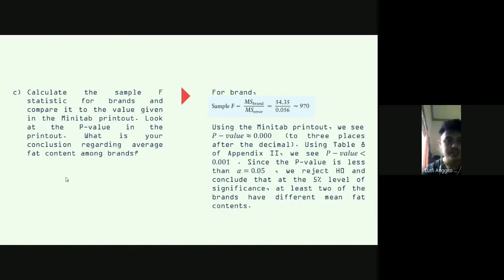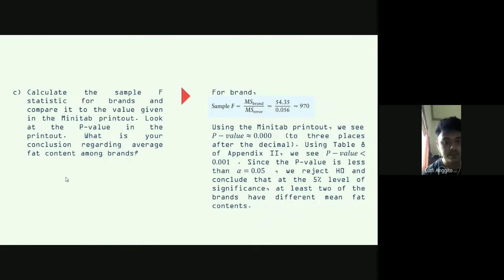For brand, sample F equals MS brand over MS error, approximately 54.35 over 0.056, that is approximately 970. Using the Minitab printout, we see p-value approximately 0.000 to 3 places after the decimal.